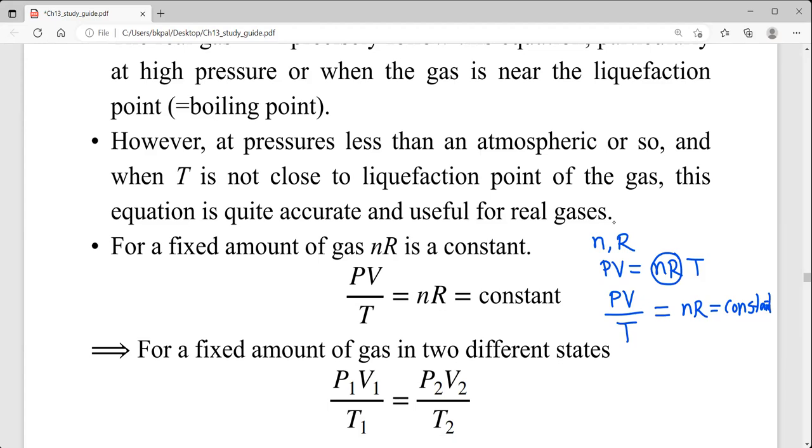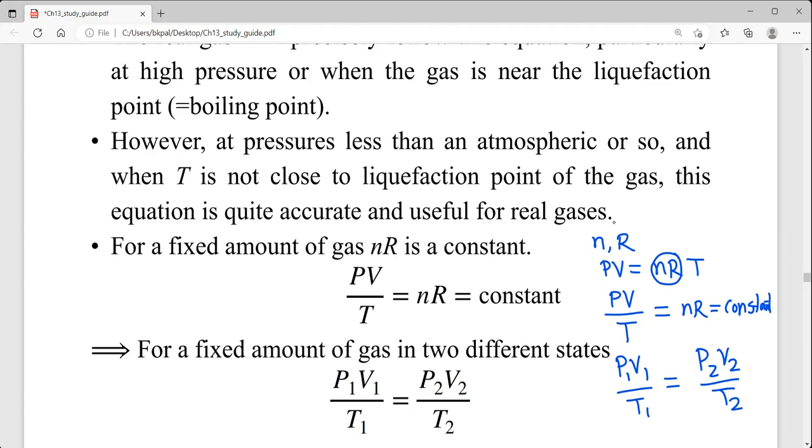Now, sometimes it is useful to write P1 V1 over T1 equal to P2 V2 over T2, because the combination PV over T is constant. Let's say we measure pressure, volume, and temperature for a fixed amount of gas at some time, and they are P1, V1 and T1, and later at some point we measure again, and the pressure, volume, and temperature are P2, V2 and T2.